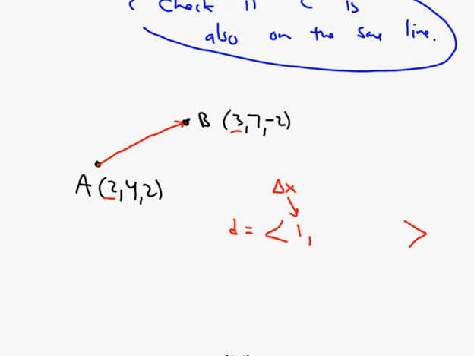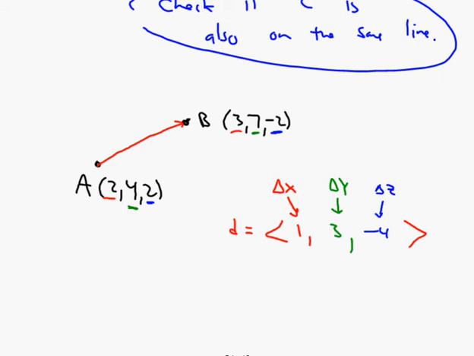What change in y will we need to get us from the y-coordinate of A to the y-coordinate of B? We've got a vote for 3. And I don't see any objections, which is good. And then lastly, to get from the z-coordinate of A to the z-coordinate of B, what delta z are we experiencing? -4. Okay? So this is the direction vector of our line.